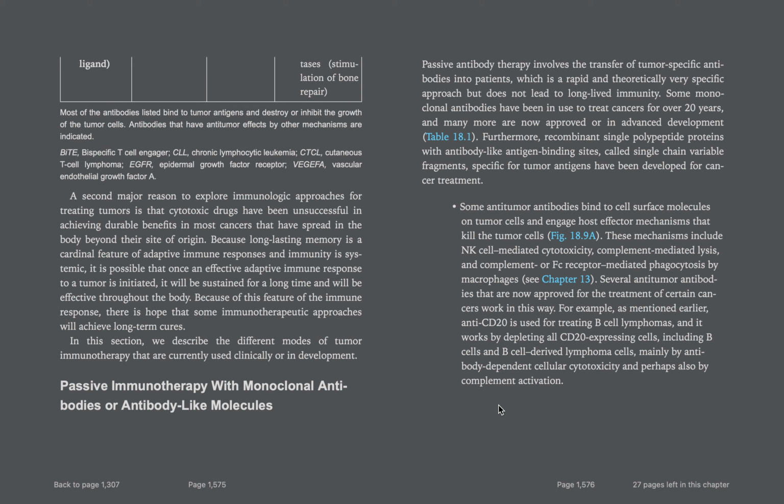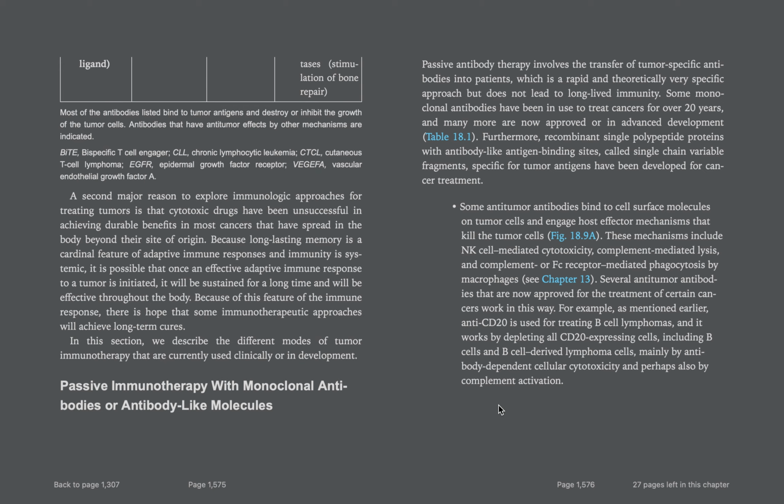Some monoclonal antibodies have been used to treat cancer for over 20 years. We have table 18.1. Furthermore, recombinant single polypeptide proteins with the antibody-like antigen binding site called the single-chain variable fragment, specific for tumor antigen, have been developed for cancer treatment.